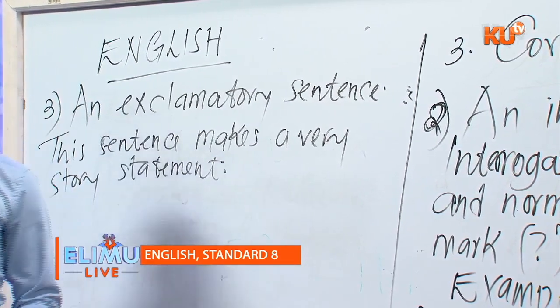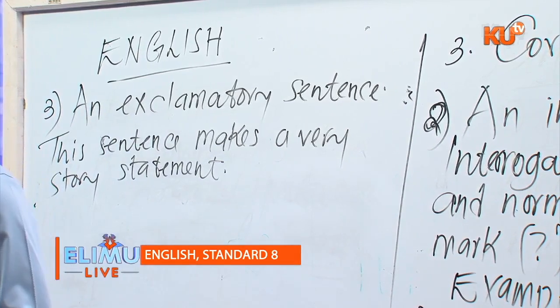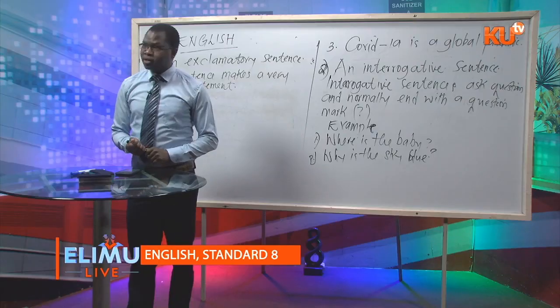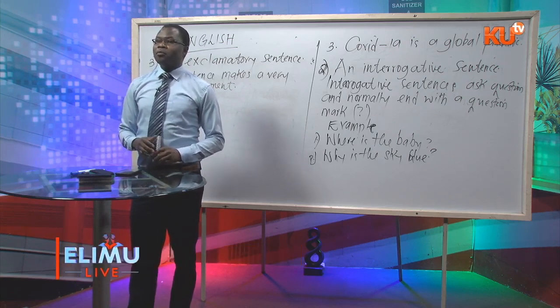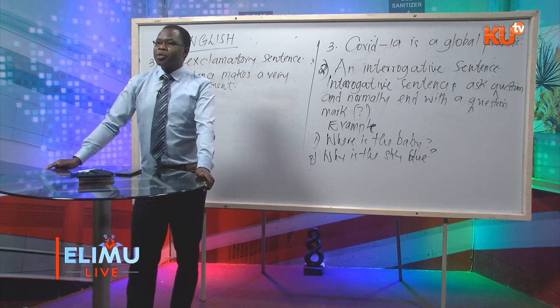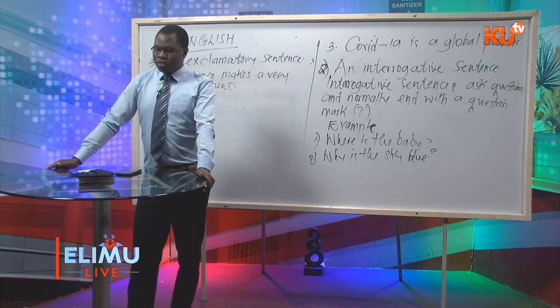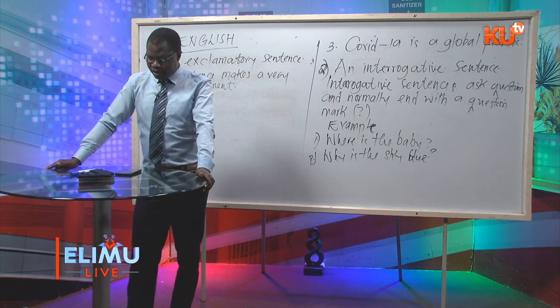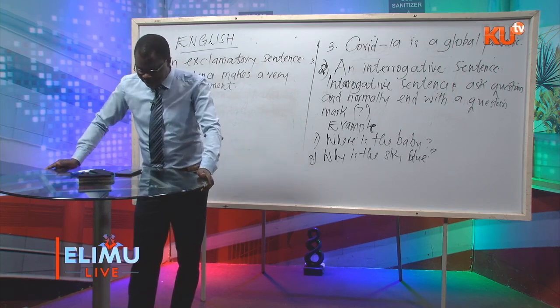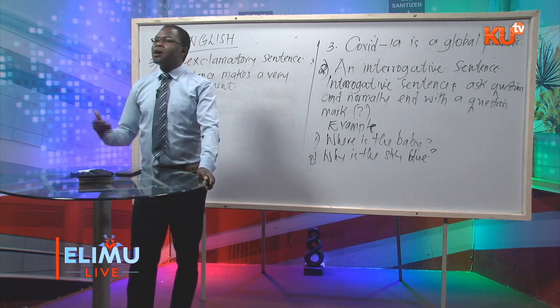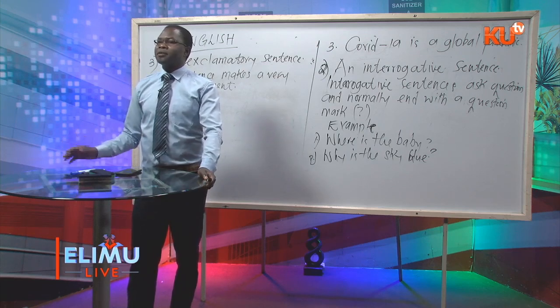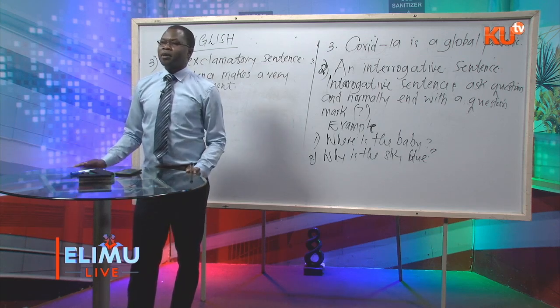Now, unlike the first one, where we talked about a declarative, where a statement is made and it ends with a full stop, and then we looked at number 2, an interrogative sentence, where it aims to seek answers, to ask and inquire.